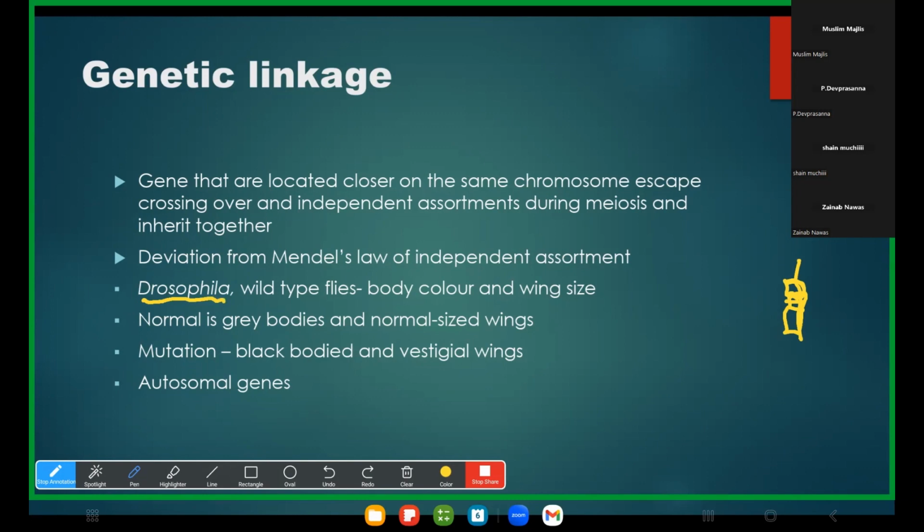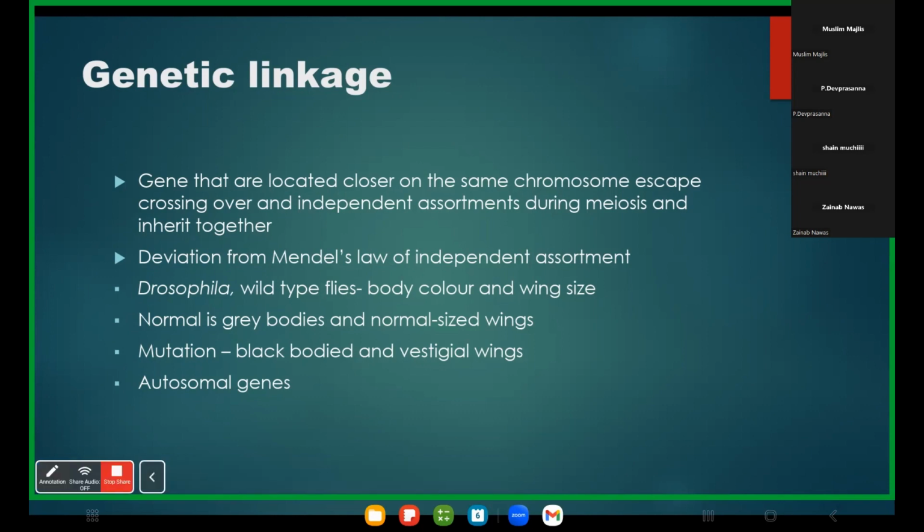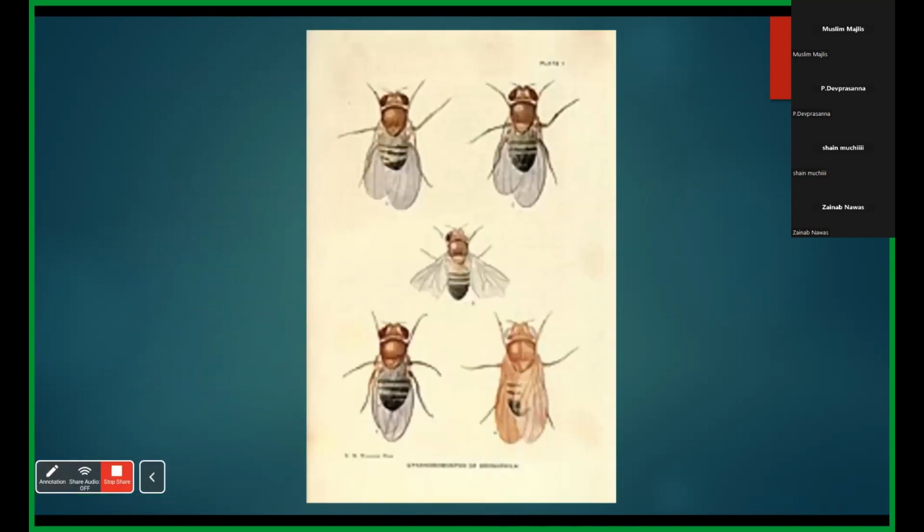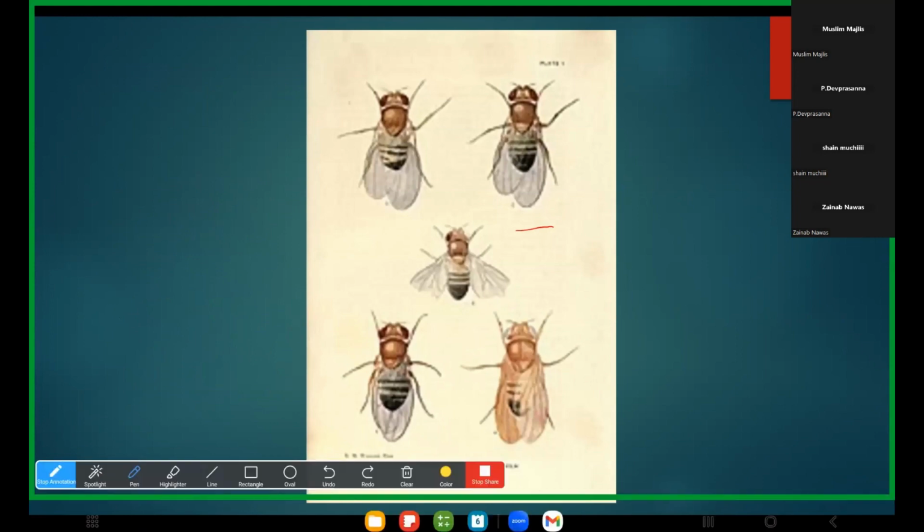So Drosophila is a type of wild type dragonfly. So this dragonfly normally exists with a black color body and normal wings.